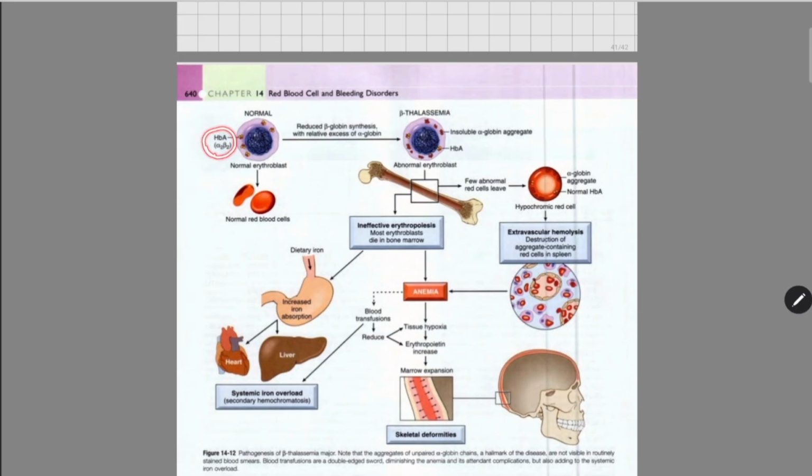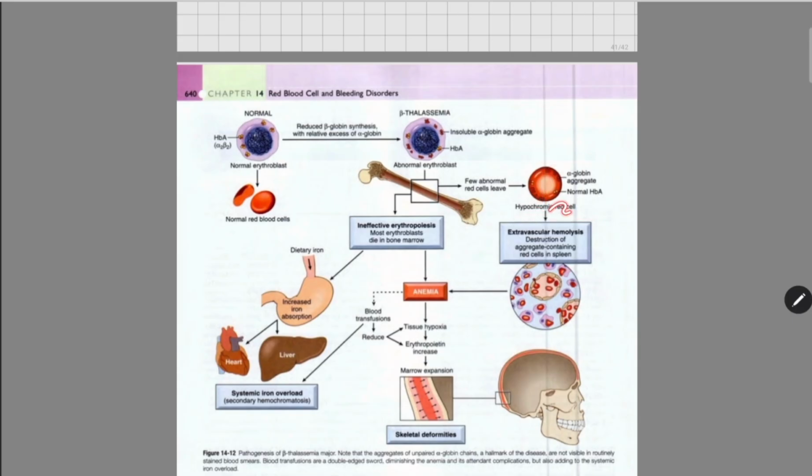See, if there are no mutations and the synthesis of adult hemoglobin is fine, then we will get normal red blood cells. But if there is reduced beta globin synthesis, then relatively the number of free alpha globin chains will increase, and this will accumulate inside the RBC precursors and form an abnormal erythroblast. And when these abnormal red cells leave, they form hypochromic red cells with alpha globin aggregates.